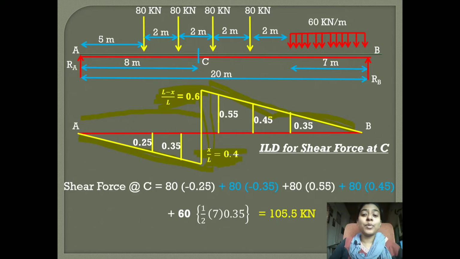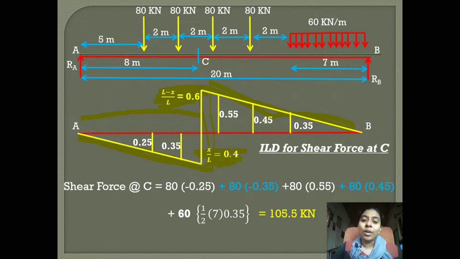While drawing the influence line diagram for shear force or for reaction, the maximum ordinate should be equal to 1. So 0.4 plus 0.6 gives 1. It is L minus x by L and x by L.